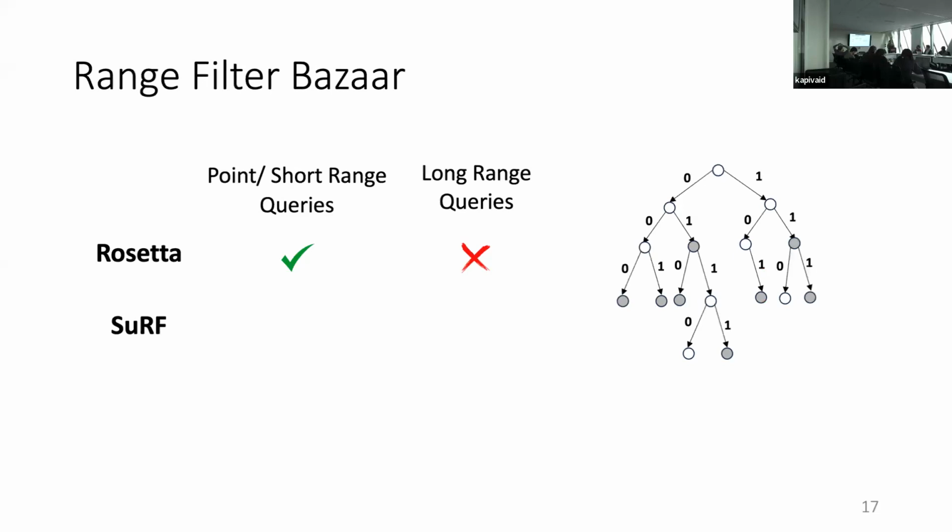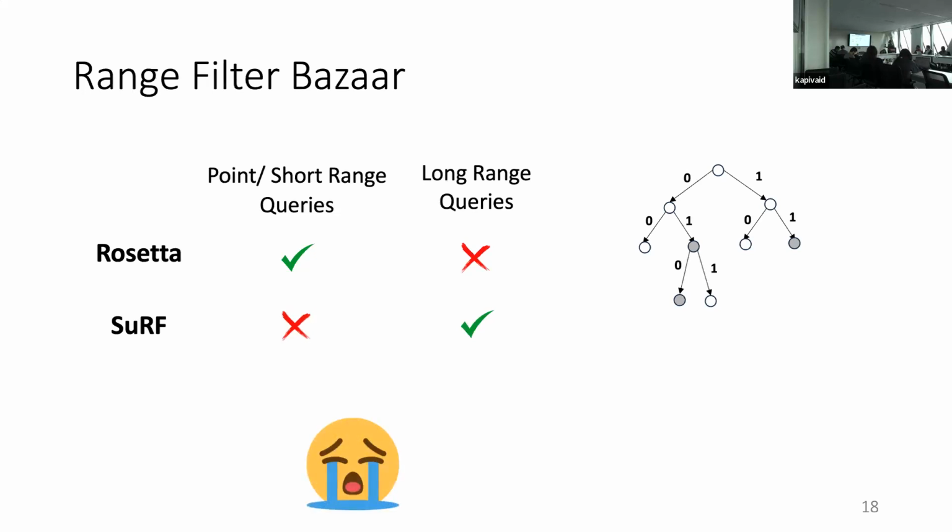And in order to save space, it only stores a prefix of this trie, not the entire trie. So this sounds like a reasonable idea and you implement it in your system. And it also works well for long range queries. But what you observe is it's not a great solution for point and short range queries. And the reason is that the encoding scheme that's used to store CERT is quite inefficient.